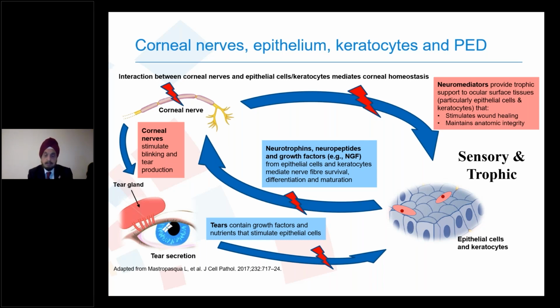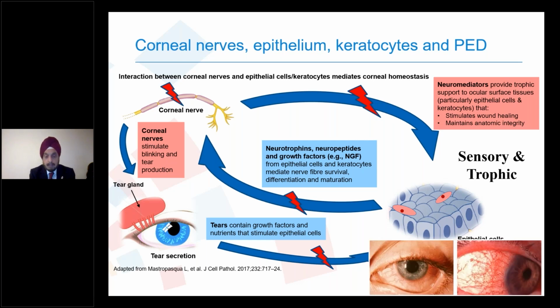The keratocytes and epithelial cells produce substances called neurotrophins, which help the growth of the nerves, their regeneration, and their health. So there's a very mutually supportive role they play, and the cornea survives and functions because of the trophic and the sensory functions of the nerve.